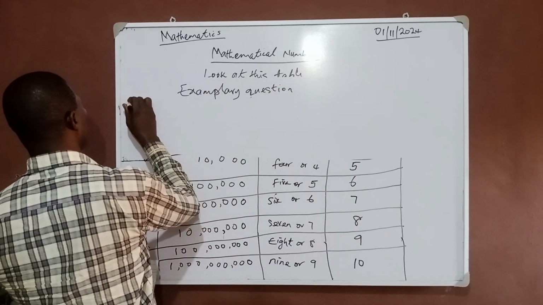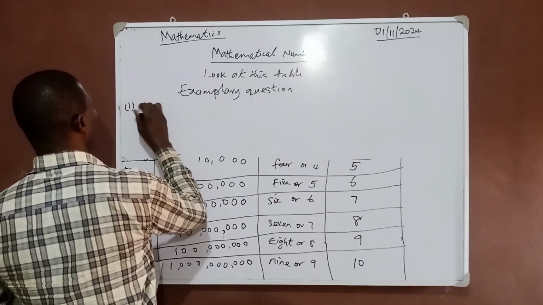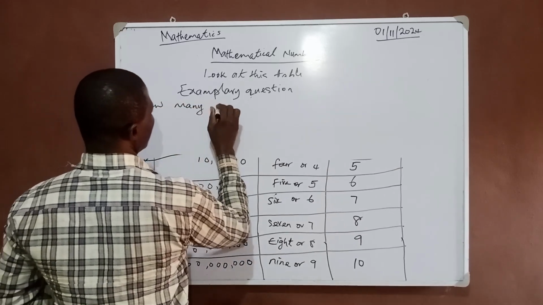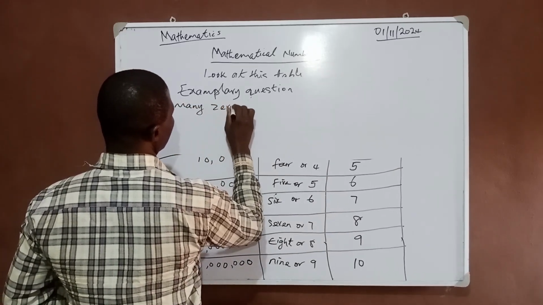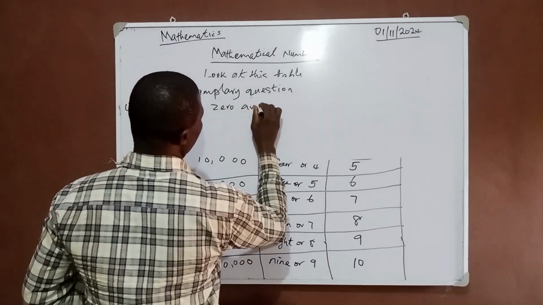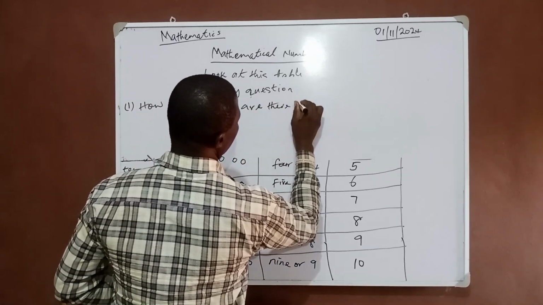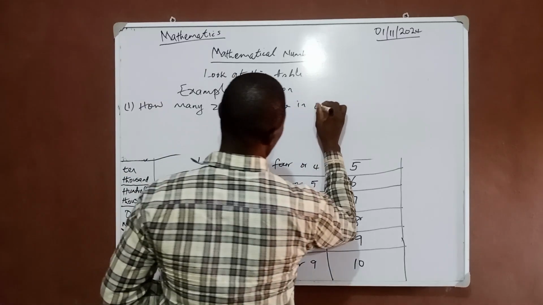One, how many zeros are there in 1 million?